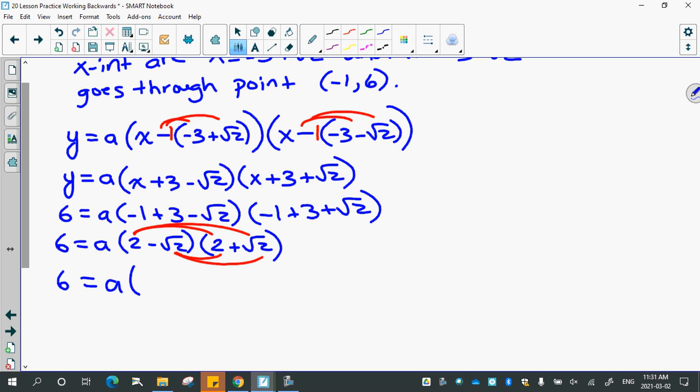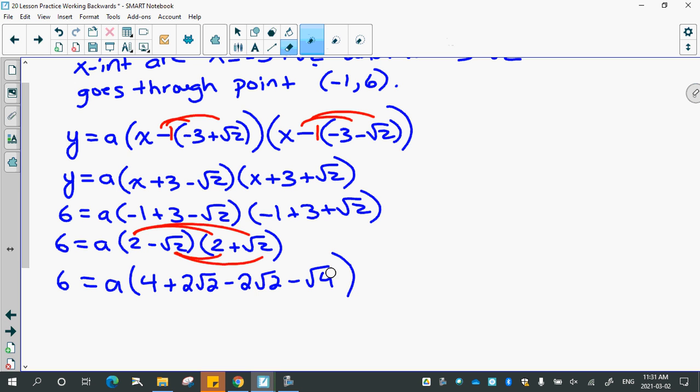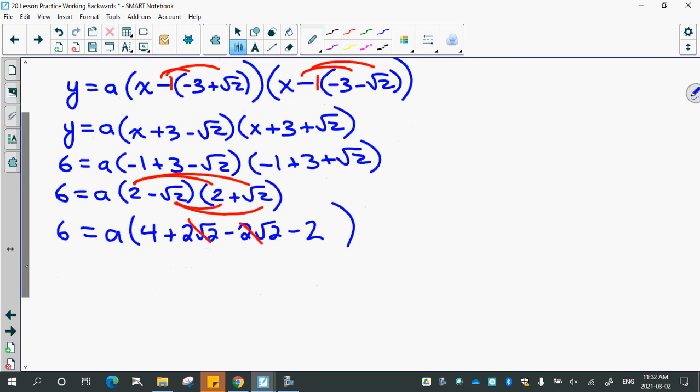So that's going to give me a. 2 times 2 is 4. 2 times positive root 2 is positive 2 root 2. Negative root 2 times 2 is negative 2 root 2. And negative root 2 times positive root 2 is negative root 4, which is negative 2. The root of 4 is 2, so that's going to be negative 2. These add to 0.